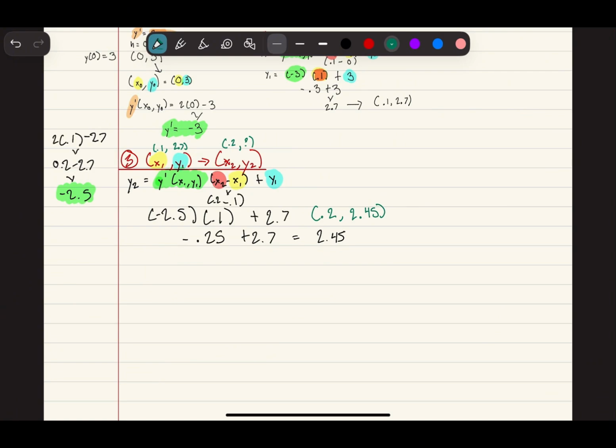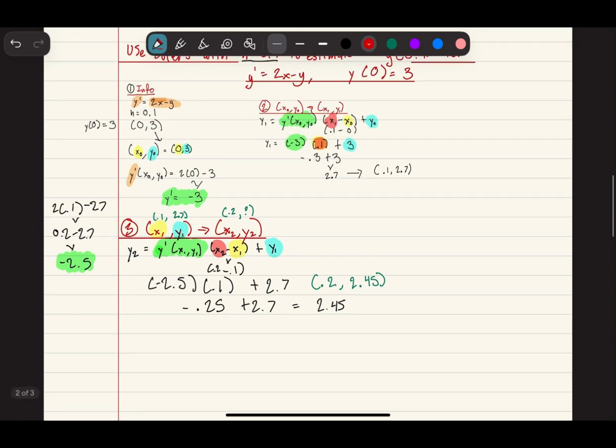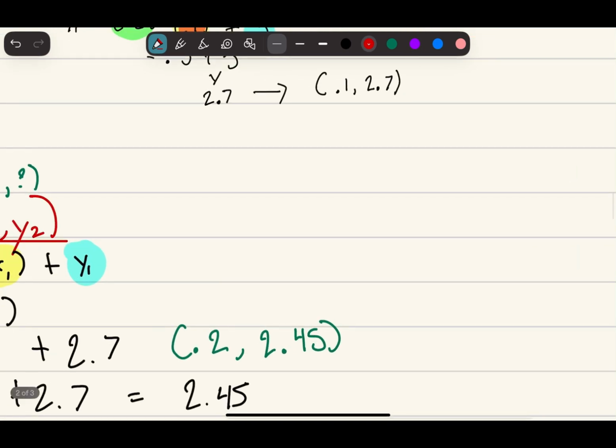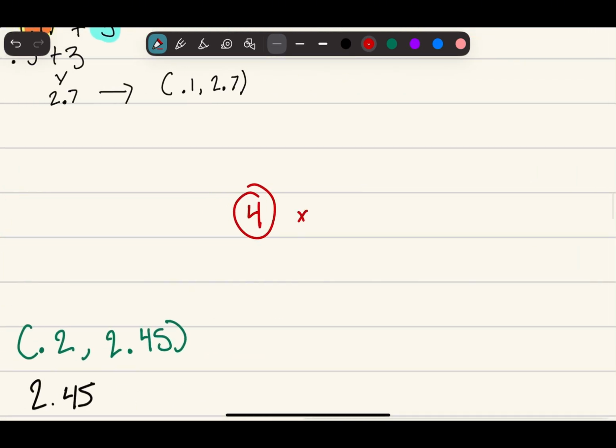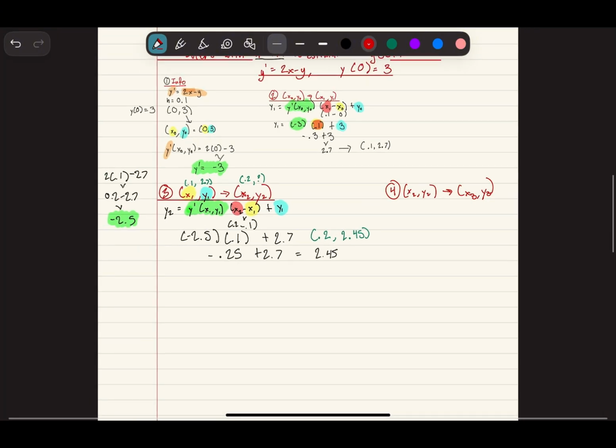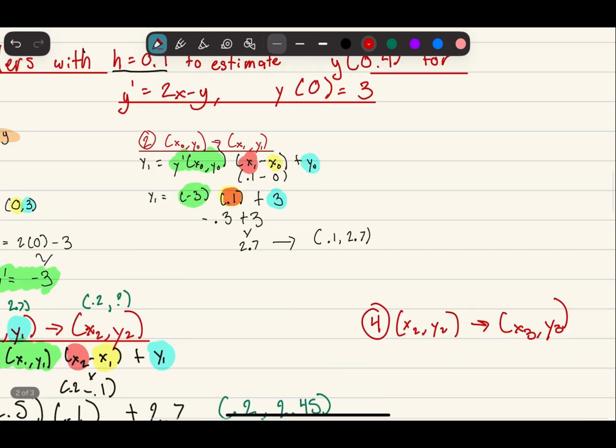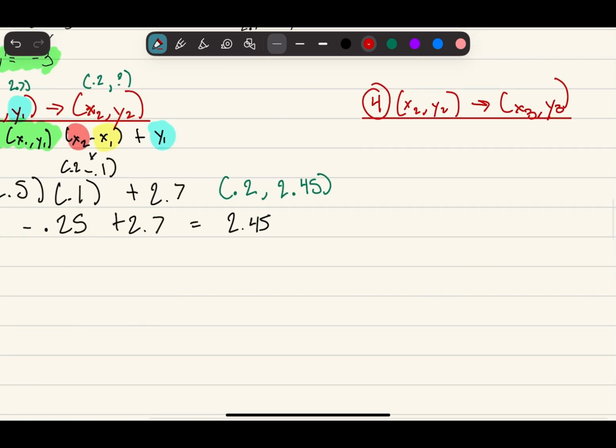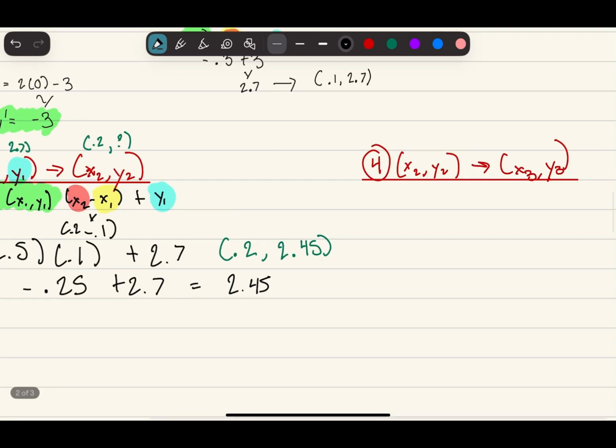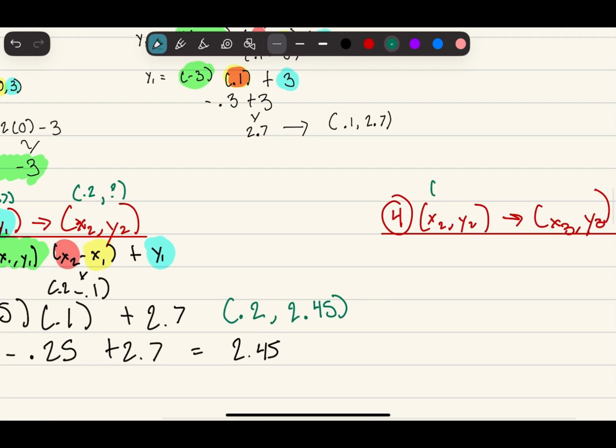We still need to go to 0.3, to x3, y3. And then we're still not up to the 0.4, so we're going to need to do this one more time. So it's 0.2, 2.45, going to 0.3, question mark.